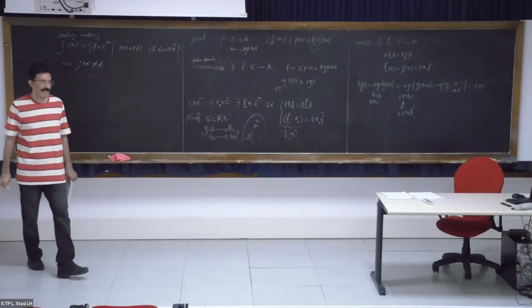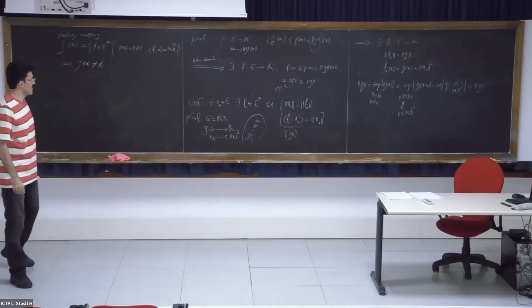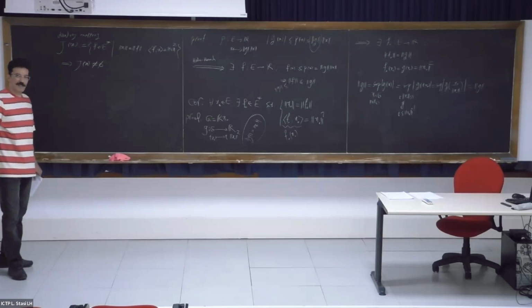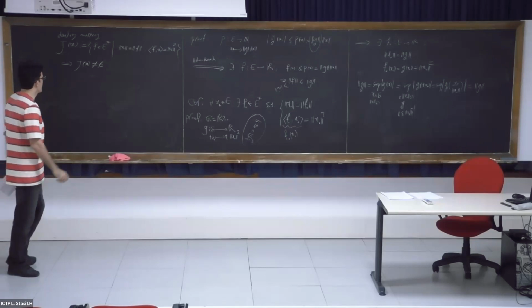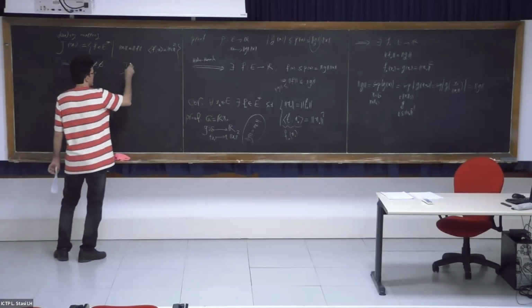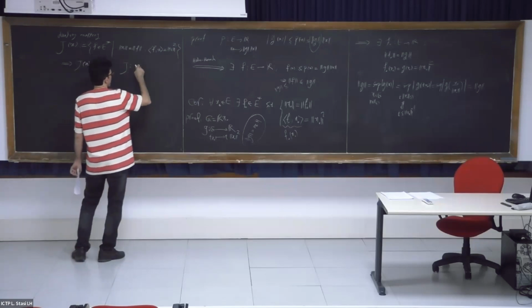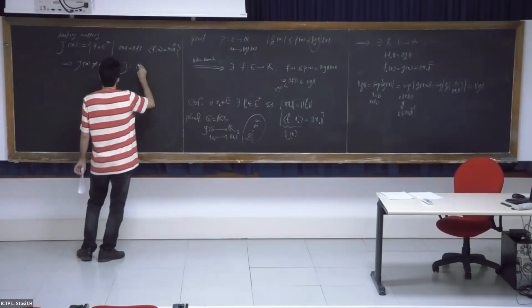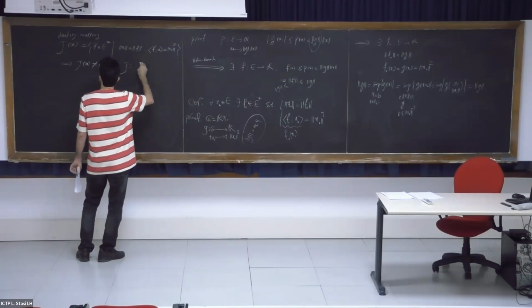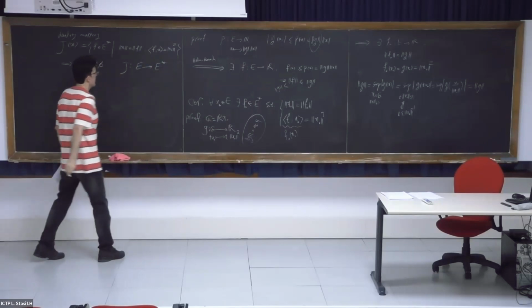But the question is, is this J single valued? Because we have it as a multiple valued mapping from E to E star.